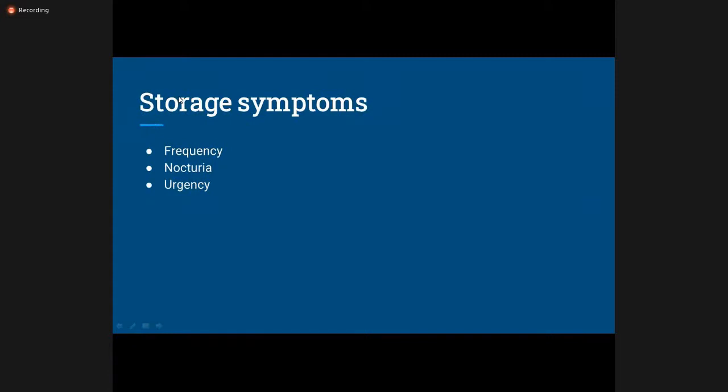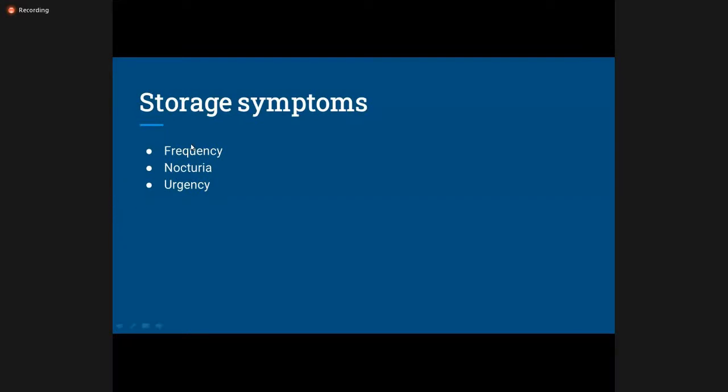Why do we call it storage? Because there are two functions of the bladder. One is to store the urine, second is to void the urine. So when the patient has to store the urine but he has frequency, then we'll call this a storage symptom.